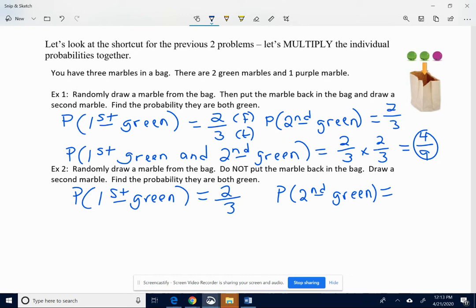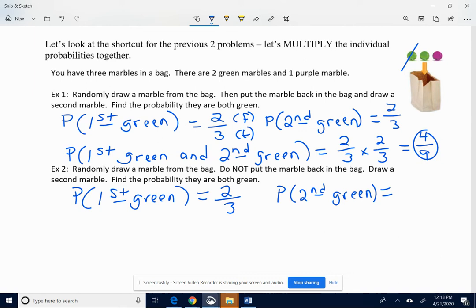We've got to just slow down and think about this a minute. We did not put the first green back. So when I do my probability of drawing a second green, I have to imagine that 1 green marble not being there anymore. It's not there anymore because I already pulled it out.